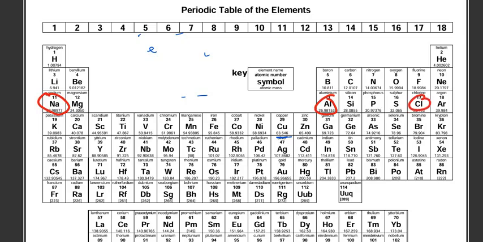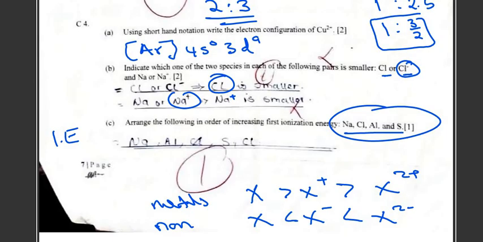So the increasing order should be this guy first, followed by that, followed by S, then chlorine at the end. It increases like this, so we just follow them the way they are in the period. That gives us our C4, number C.